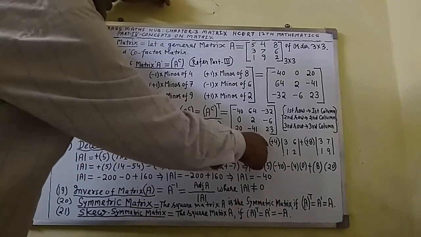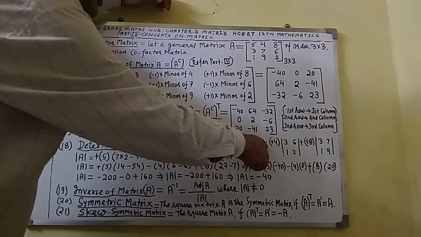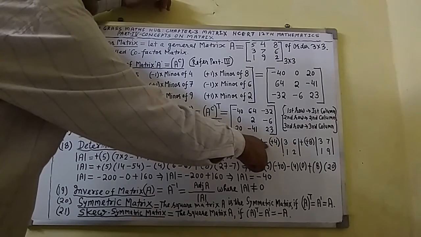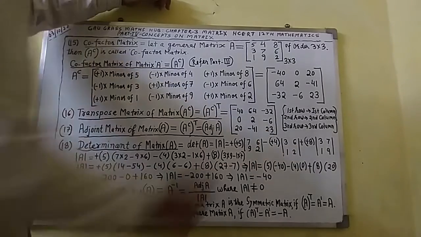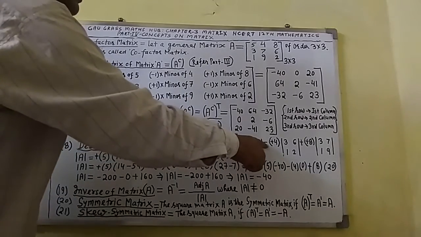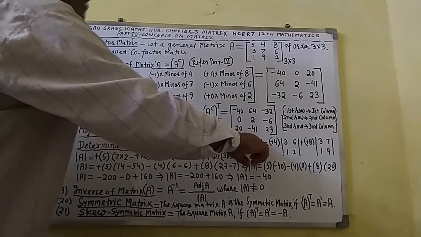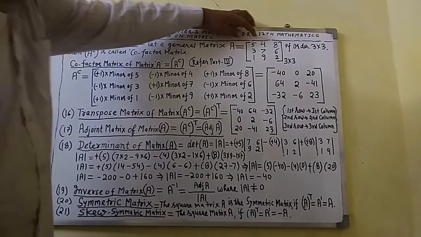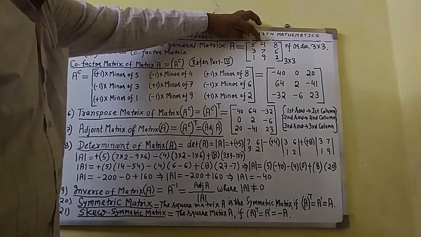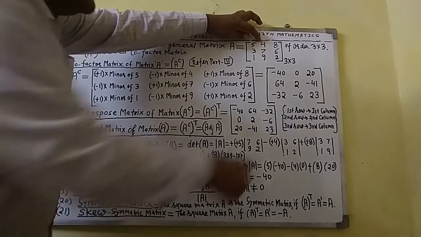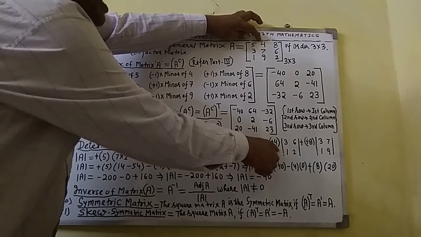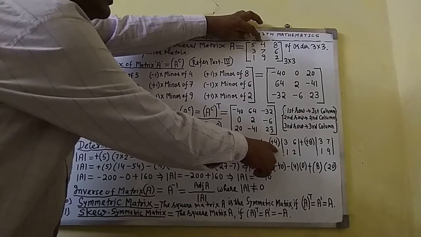After that, this minus sign is constant and will always be written here as minus. The second element is plus 4, so I shall write plus 4.